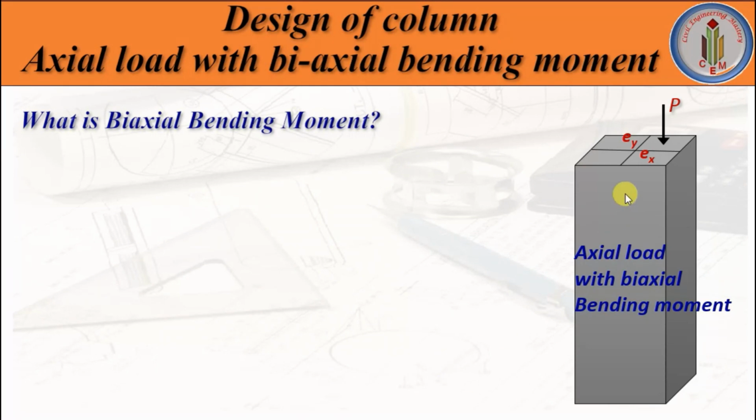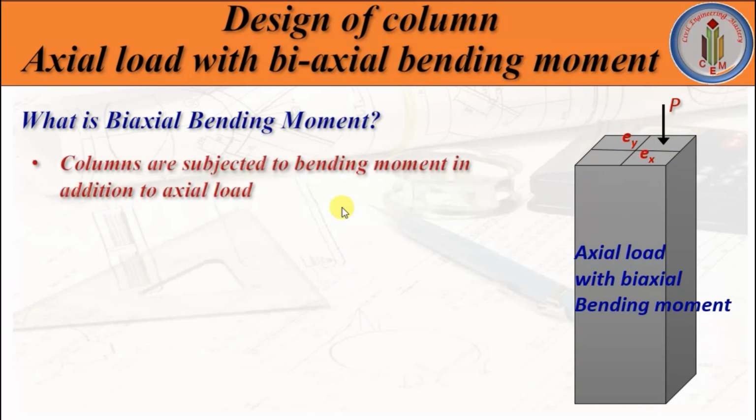In biaxial bending moment, we have eccentric loads acting eccentrically on both the axes, that means in the x-axis as well as in the y-axis. So columns are subjected to bending moment in addition to axial load. Due to this eccentric load, we get bending moment in addition to axial load.